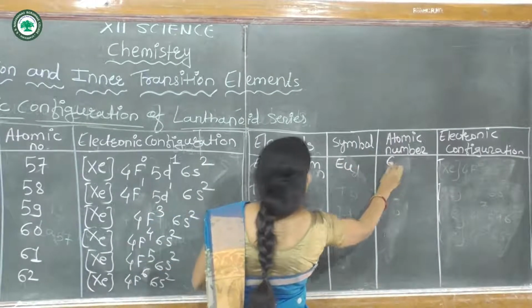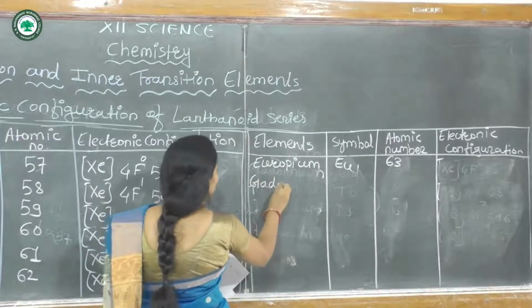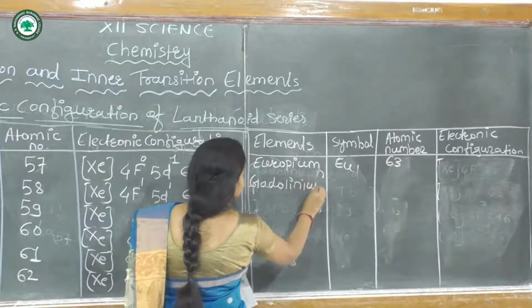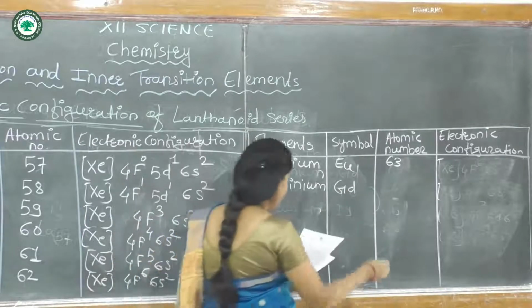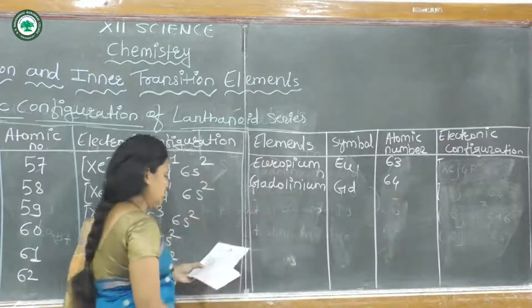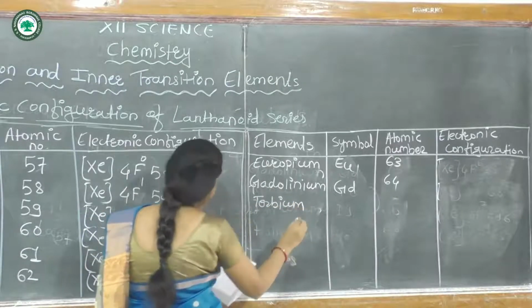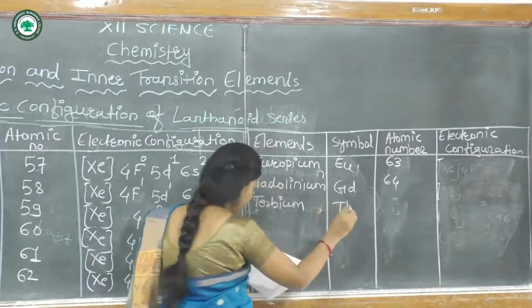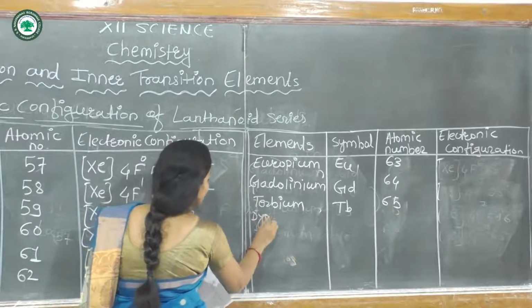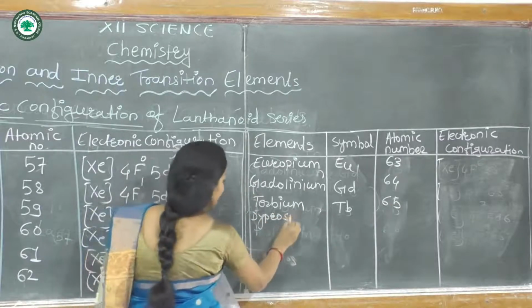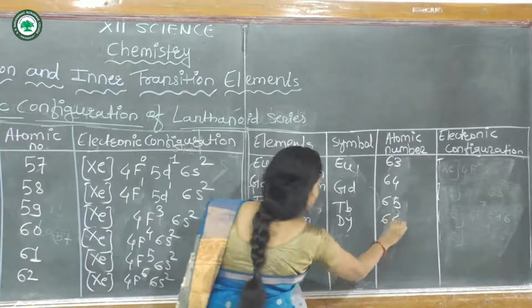Europium is Eu, and atomic number is 63. Then gadolinium, denoted by capital G and small d. Then terbium is Tb and here is 65. Then dysprosium is Dy, here atomic number is 66.